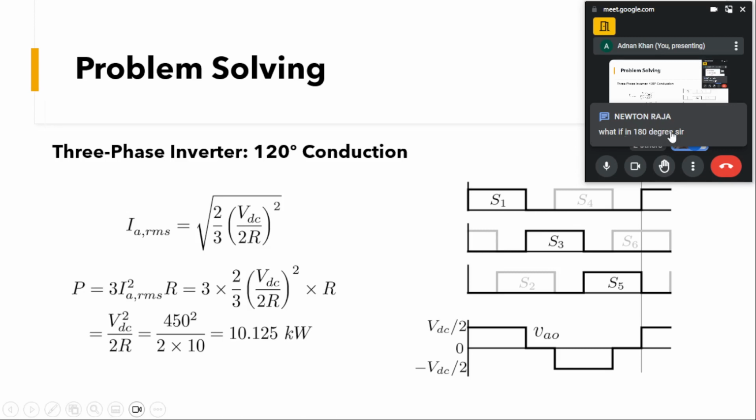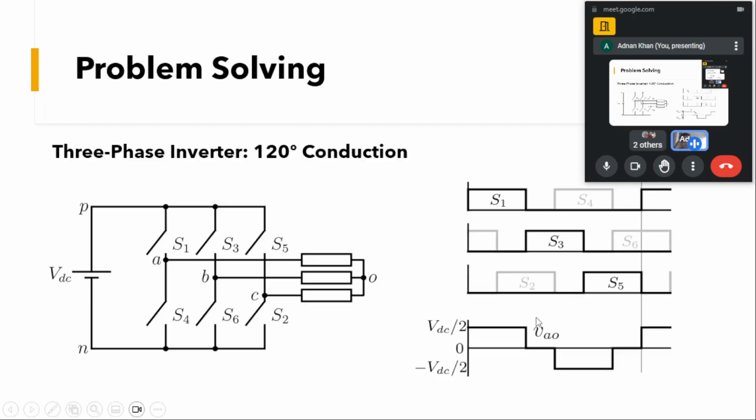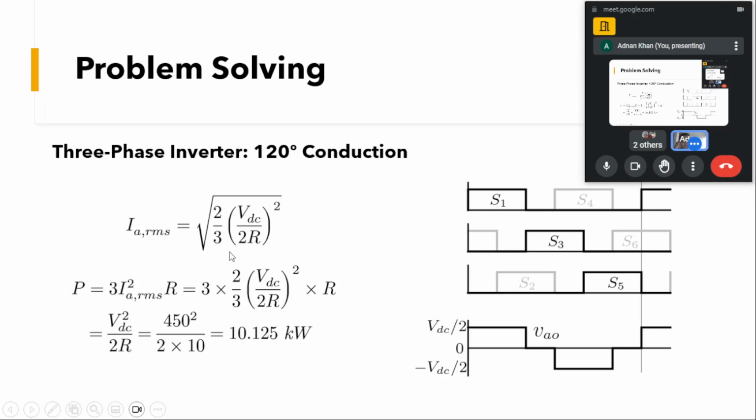What if it is the 180-degree mode? You can go through the lectures and see it in a similar way. If we have the 180-degree conduction mode, you first calculate how the phase voltage looks. It is a 6-stepped waveform, and our current will be the same 6-step waveform, and then you have to calculate the RMS of that.